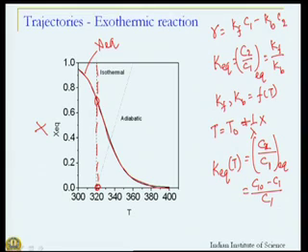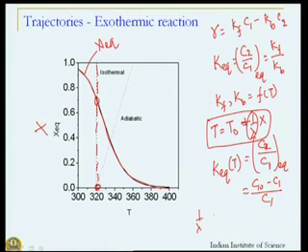Now, let us say that we have an adiabatic operation, okay, exothermic reaction. Now, what happens for an adiabatic operation? From this particular relationship, we see that the relationship is linear between conversion x and temperature T, and we also know this constant 1 over lambda.